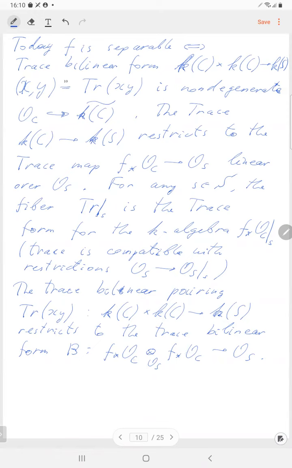So it means that necessarily there is some open subset, an open U in S, such that this bilinear pairing restricted to this open subset is non-degenerate.